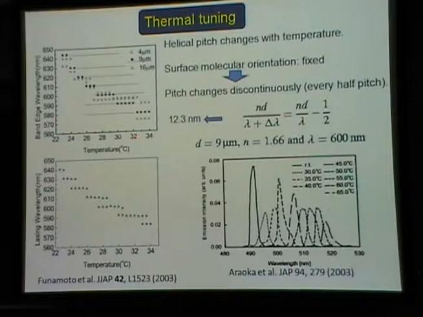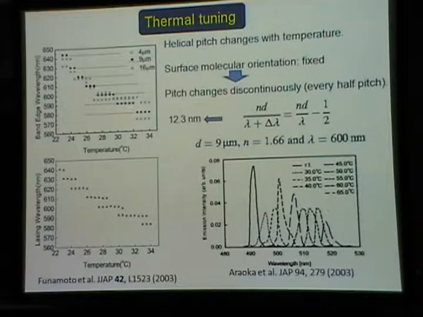They changed the temperature, and they showed the band edge wavelength changes discontinuously, like this. The closed squares show the result for 9 micrometers. If you look at the thicker cell, the changing rate is much smaller than in this case.